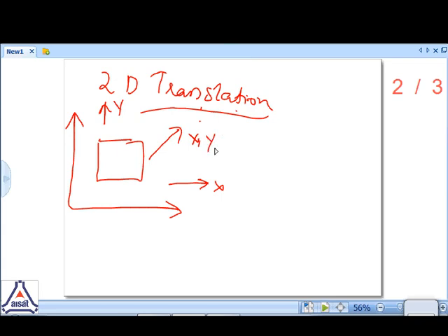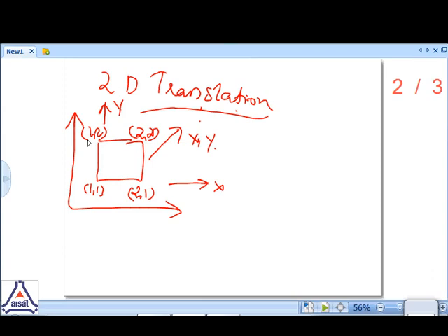In computer graphics, we are using an algorithm by matrix method. The coordinates are 1, 1, 2, 1, 2, 2, and 1, 2. So I already said this is a square with unit length, and coordinates are 1, 1, 2, 1, 2, 2, 1, 2.